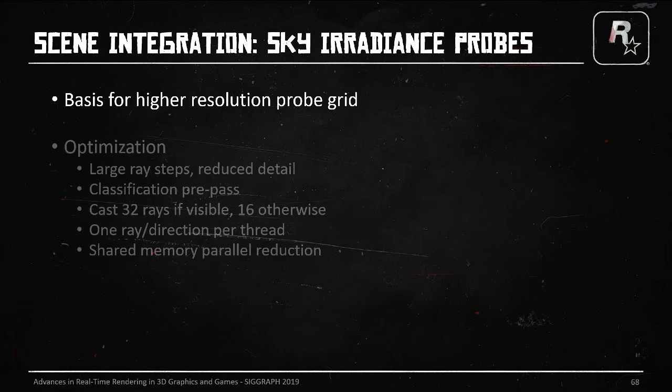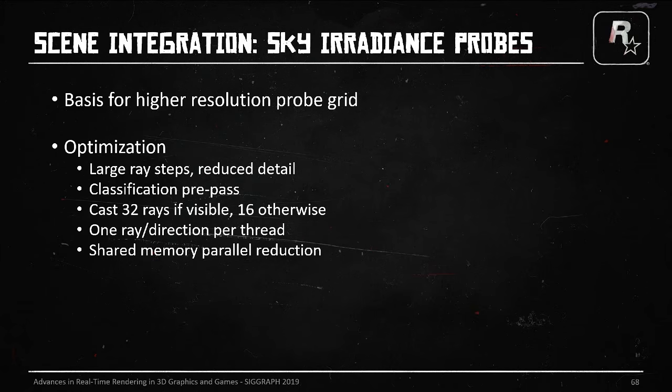And to pay for all of this, we obviously have to look at how we ray march. So we are not doing as many steps as we would do for the main view. There's no refinement phase as well. So we're taking fairly large ray steps with a reduced detail, no noise erosion whatsoever. And we run a classification pre-pass based on the visibility of the probes.